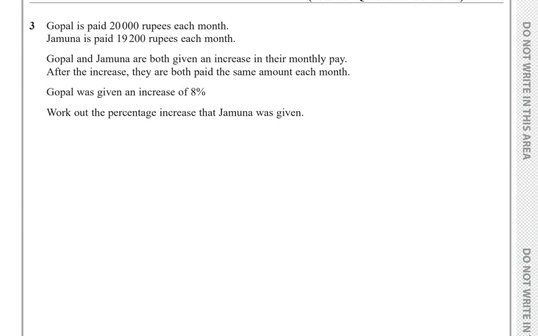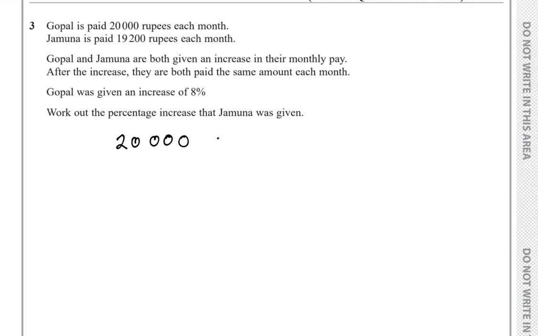So, Gopal was given an 8% increase. So, 20,000. Then you've got an 8% increase. I think a couple of ways to do this.